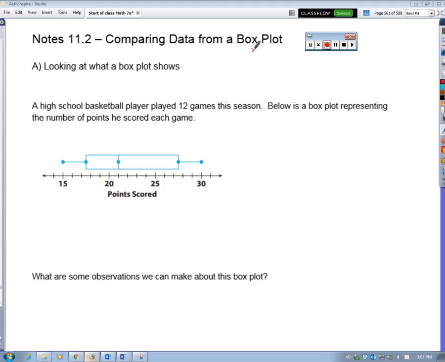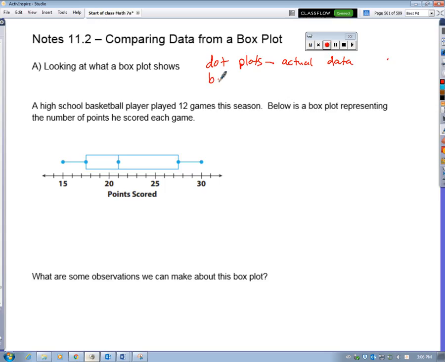Now yesterday we looked at data from dot plots, and what dot plots show is actual data. We get to see what the numbers actually were because they're points on the dot plot.